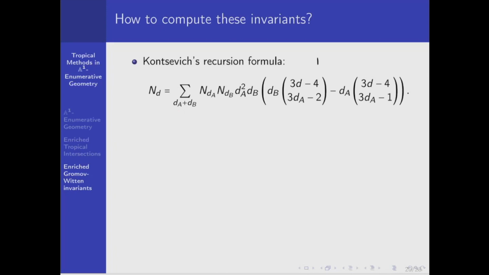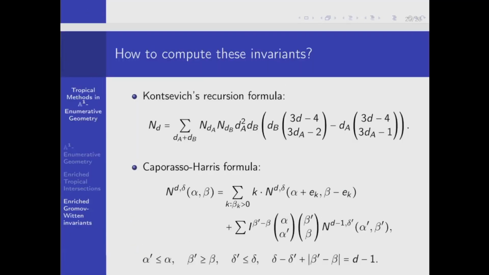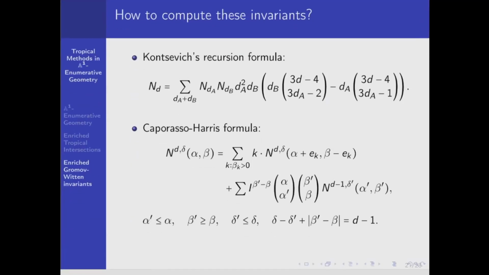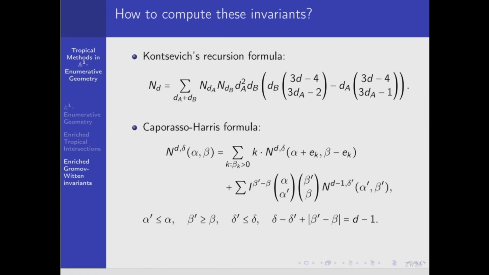You just need that N1 is equal to 1. Now, for the Welschinger invariants, it's not true. Over the reals, there's no easy recursion formula. There is a Caporaso-Harris formula that tells us that we can define relative invariants.